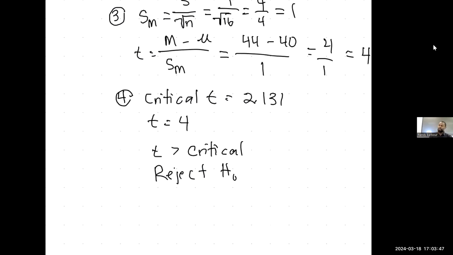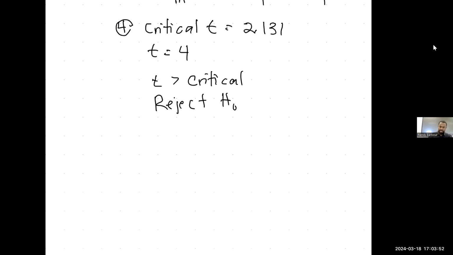So now what do we have to do? We have to find our Cohen's d. Our estimated Cohen's d is calculated like this. Estimated d is my sample mean minus my population mean, divided by the sample standard deviation, right?